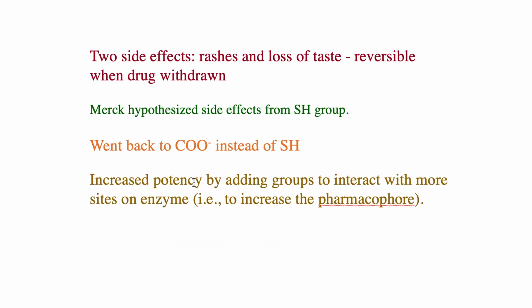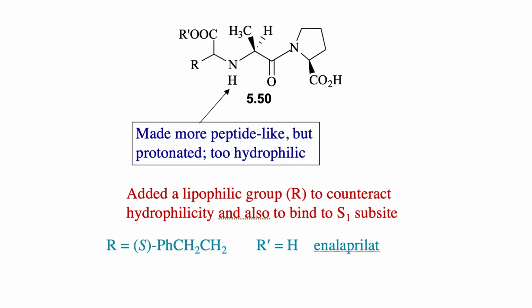To increase the potency, they added more interacting sites to interact with that enzyme. Remember, captopril is really small, so they can add more stuff on. So they started adding groups to counteract the hydrophilicity.